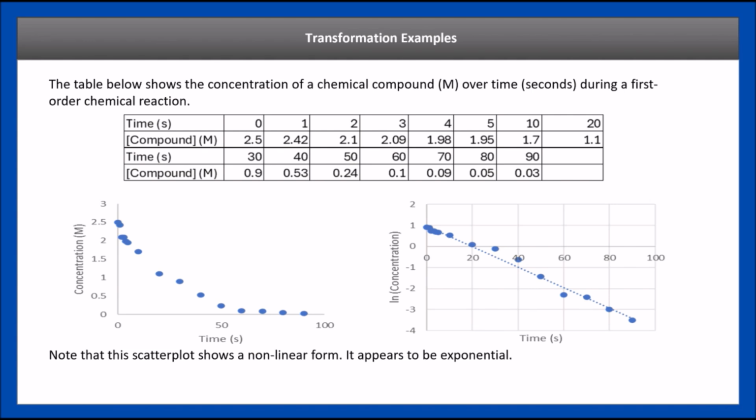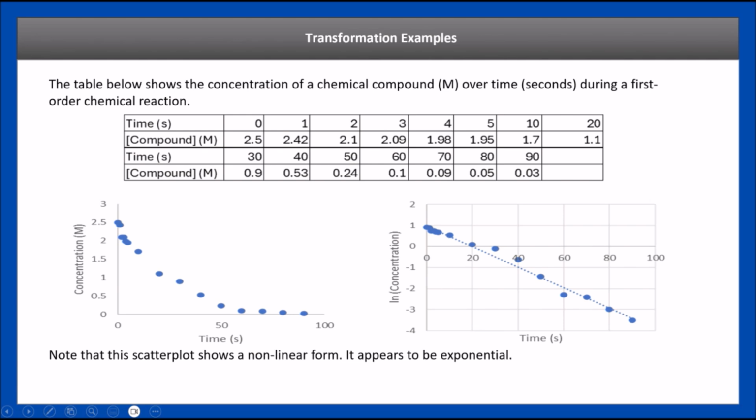This is a first order reaction. If you have taken chemistry, for a first order reaction the natural log of the concentration over time gives you a straight line. Here's another example of a transformation, this time applied to the response variable.